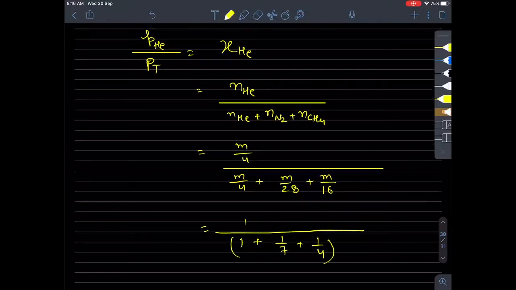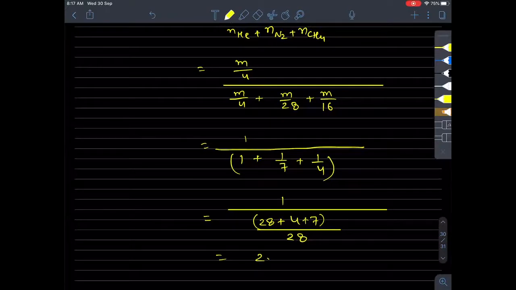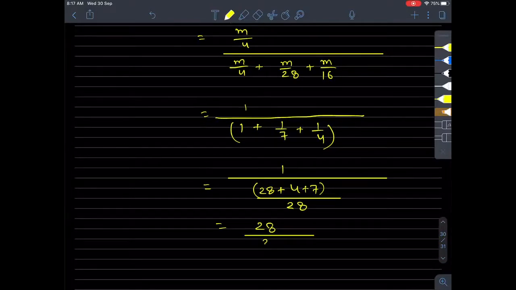Now take the LCM 28, and then 28 plus 4 plus 7. So the right answer will be 28 divided by 39. So this is the final answer.